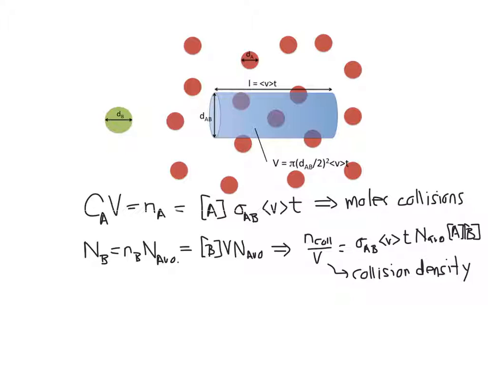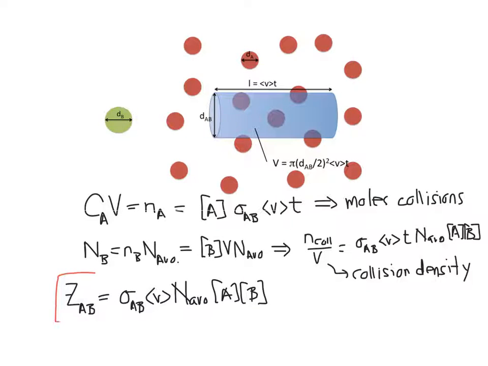And I will end up with a collision rate that's equal to the cross-sectional area between A and B, the relative velocity between A and B. I've divided by time, so I don't have t anymore. Avogadro's number times the concentration of A times the concentration of B.